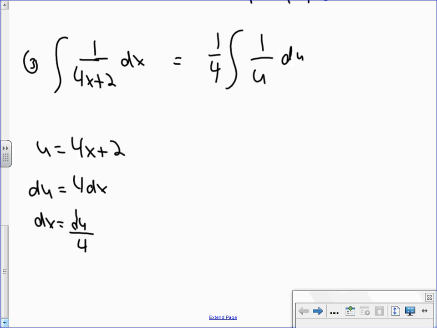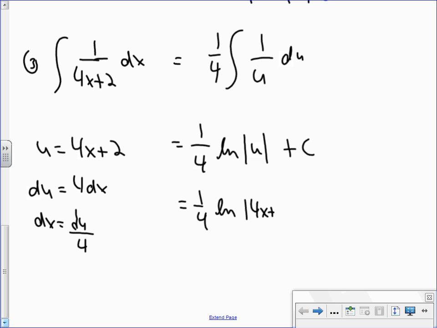Yes? Okay, so, at this point it's super easy. What's the antiderivative of 1 over u? The ln of the absolute value of u. Go back and resubstitute whatever they gave you, which was 4x plus 2. And again, it's possible that they could write that to the 1/4 power.